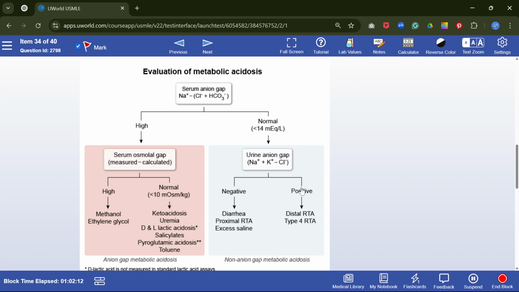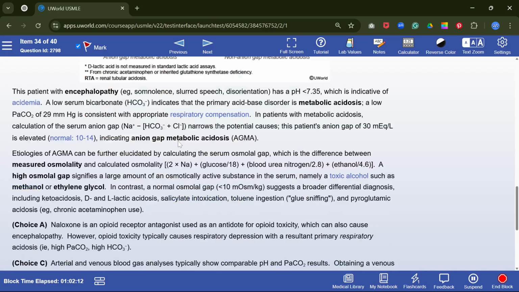So negative is diarrhea, proximal RTA and excess saline, and positive urine anion gap is distal RTA, that is type 1 RTA and type 4 RTA.